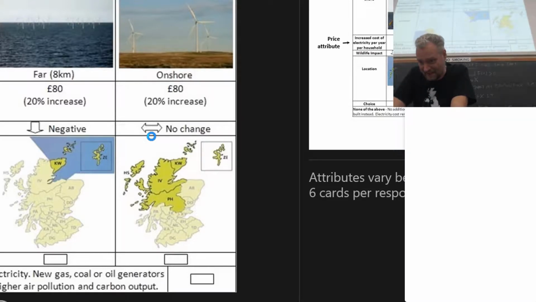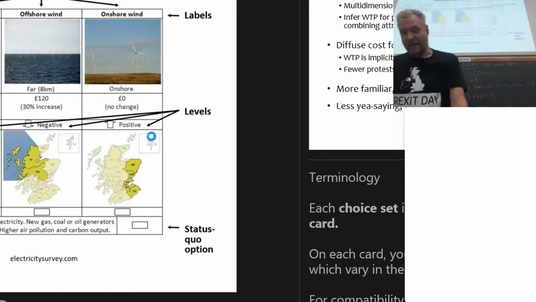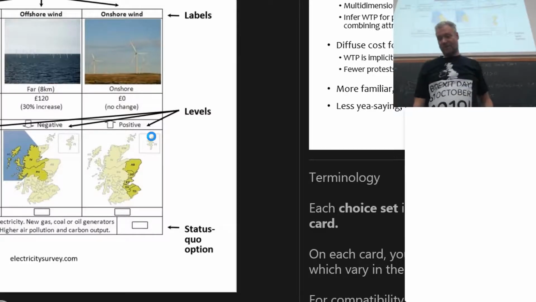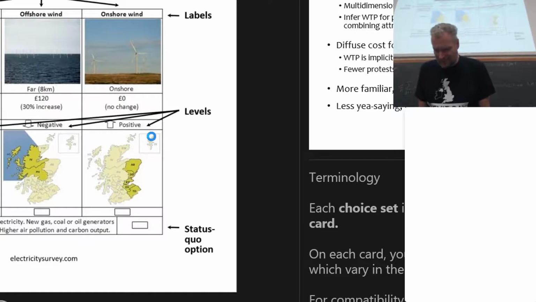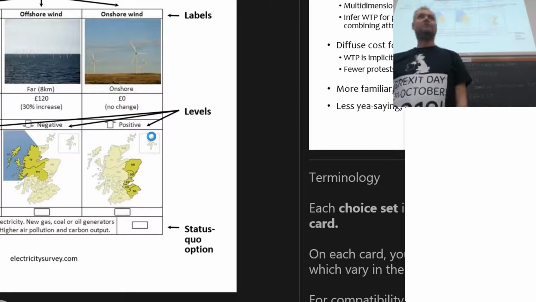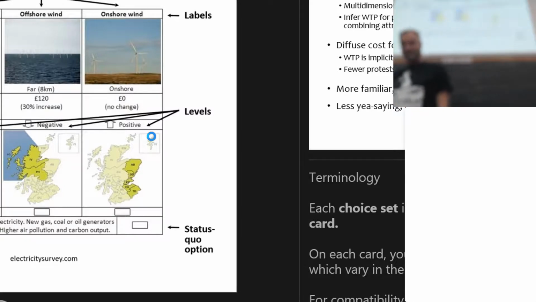So this is what the interviewee sees. And really what is going on is you have different options, different alternatives, in this case in different rows. Of course, it doesn't have to be like that. You have your different attributes. What are we trying to value?